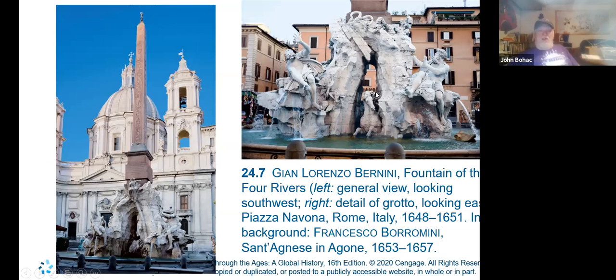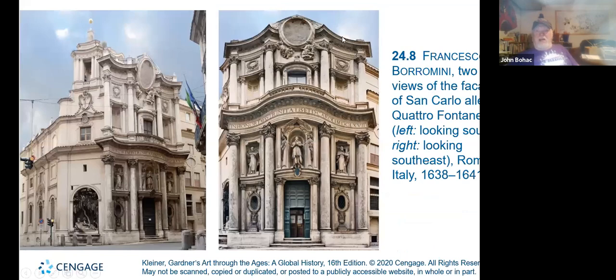But I was saying earlier, Bernini had a workshop. He was like the main artist, and it's said that he approved all of this, but it was more or less a factory. And so here we go. I want to show you this Borromini, another great architect of the time.